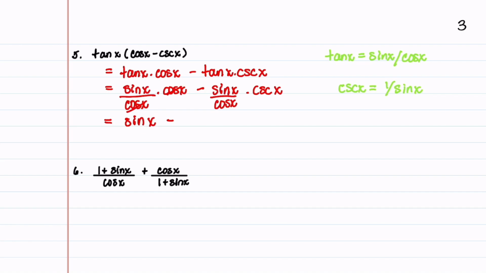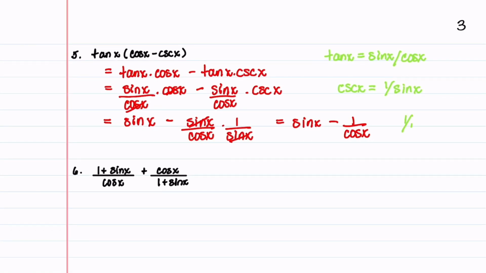So this becomes minus sine x divided by cosine x times 1 divided by sine x. And we can see that our sine x cancels. This gives us sine x minus 1 over cosine x. And then we know that 1 divided by cosine x is secant x. This gives us sine x minus secant x.